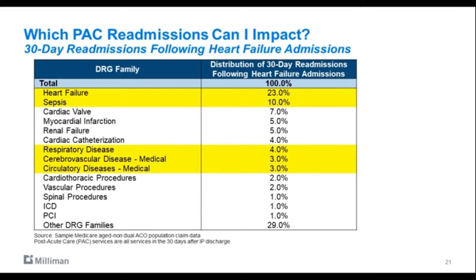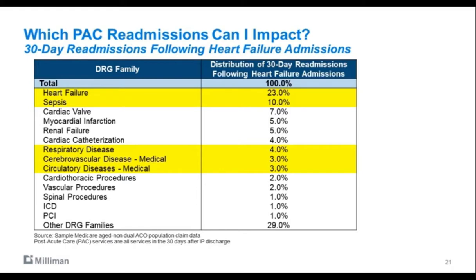What were they for? And I've highlighted in yellow about 45% of the readmissions were for admission types that could be avoided, particularly heart failure on the top, respiratory diseases, cardiovascular diseases, etc. You're not going to prevent a cardiac valve from being performed here or someone having a heart attack, renal failure, spinal procedures, etc. So there are particular readmissions that occur you can't really touch, but there is a lot of opportunity.